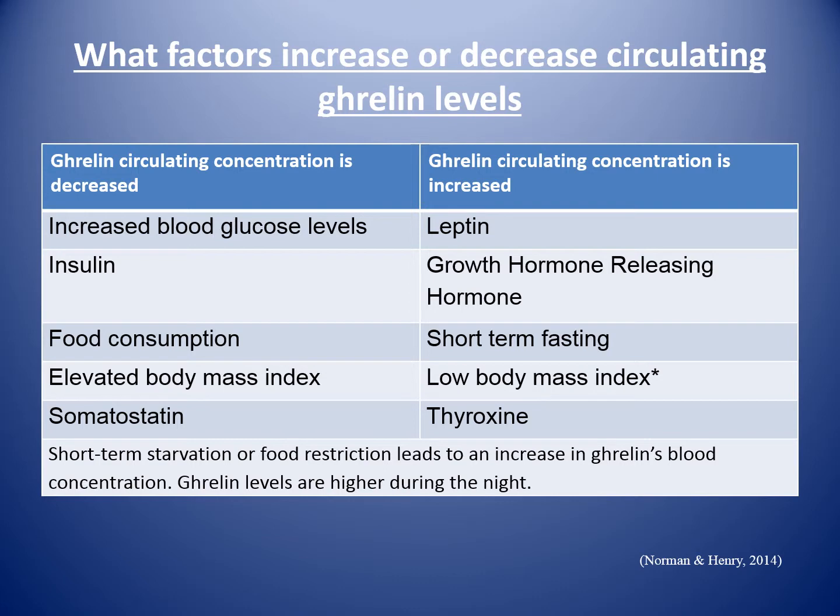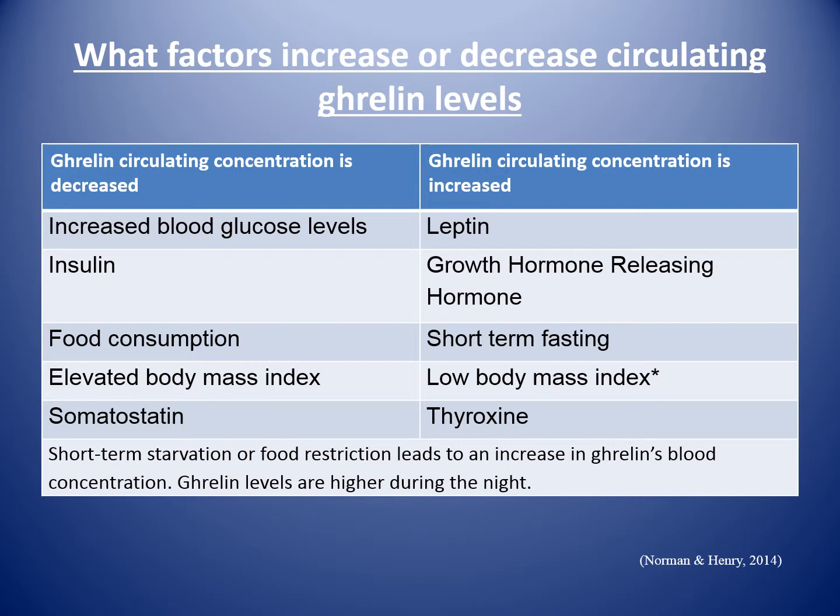So there are a number of factors that increase or decrease circulating Ghrelin levels. As we mentioned earlier, Ghrelin is the hunger hormone. So once the body is in a fed state, we have increased blood glucose levels. This in turn leads to increased insulin levels to take that glucose out of the blood and to store it as glycogen.